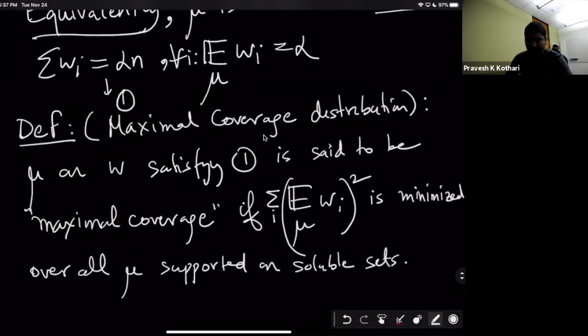So now I'm saying I can't quite find a partition, but I'm going to do the best possible thing.